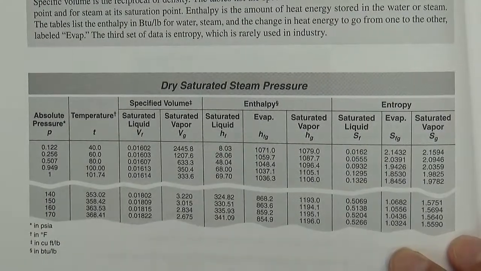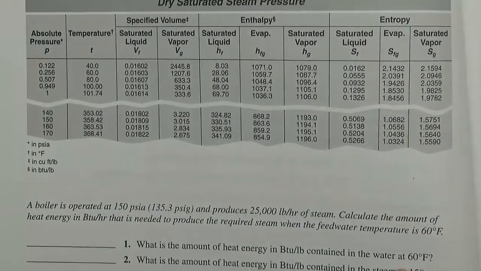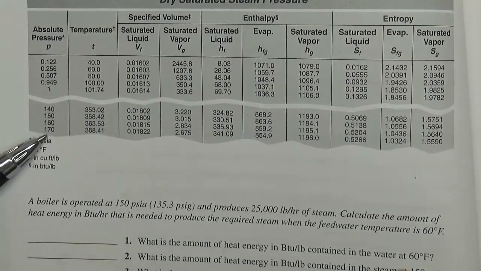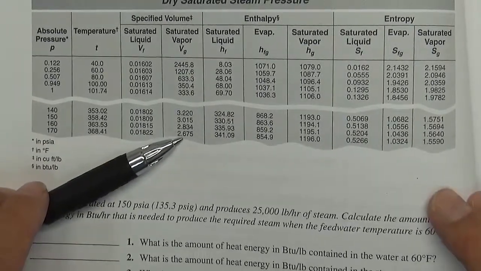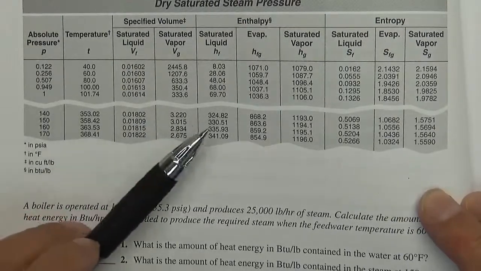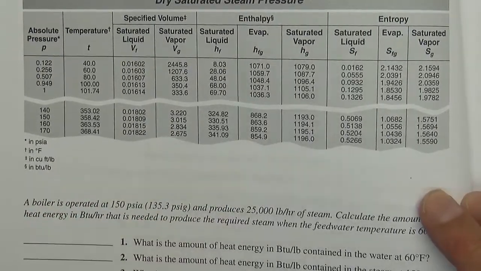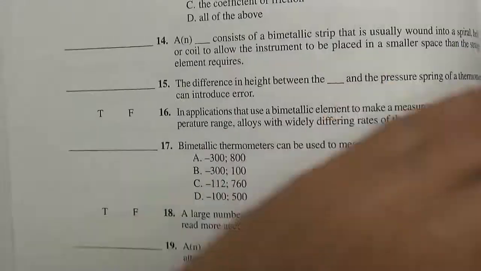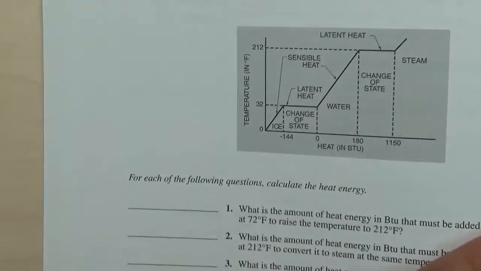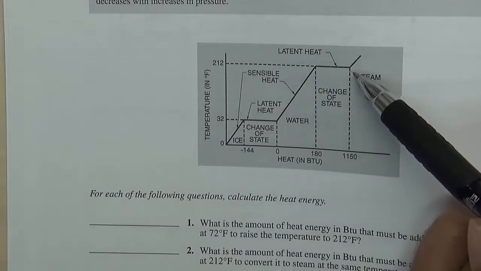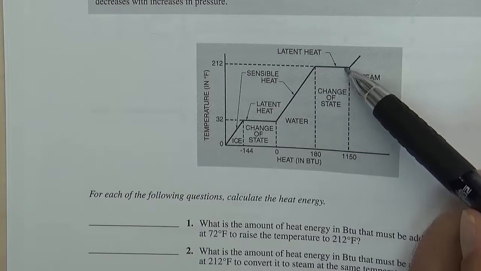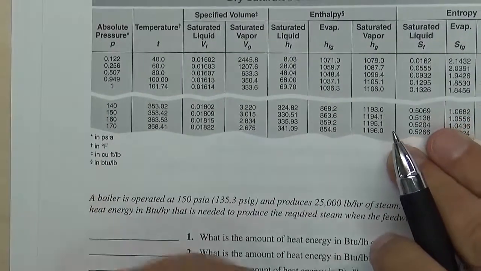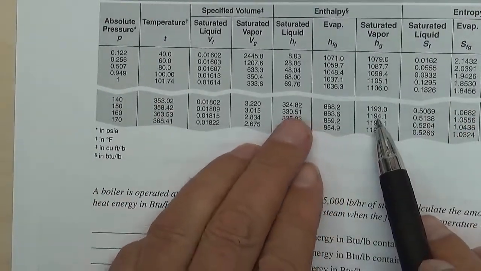Question 3, what is the amount of heat energy in BTU per pound required to convert water to steam? Now, you have to read the top of the question. The boiler is operated at 150 psi, so we have to look at the values for 150 psi. And you can really do this two ways. You could either say, well, I know I'm going from right here to right here, where I have all steam and I've got all water. And so those 2 points on here are this guy and this guy here.